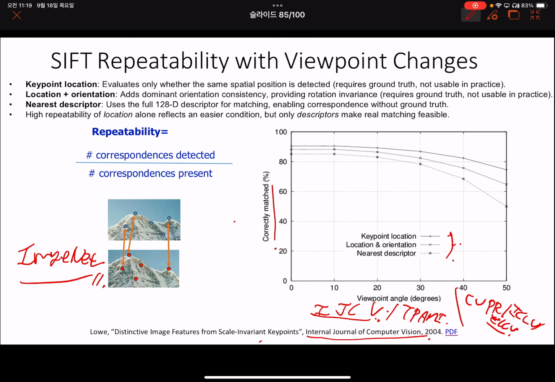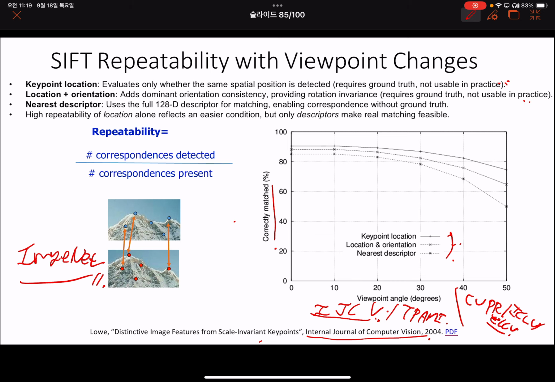Key point location evaluates only whether the same spatial position is detected. So it requires ground truth, and it just measures the upper bound of SIFT-based matching algorithm. It uses ground truth correspondence during evaluation, so it is not usable in practice.